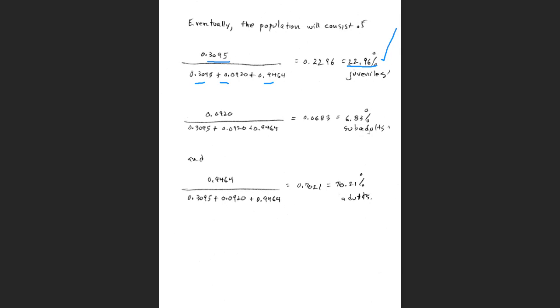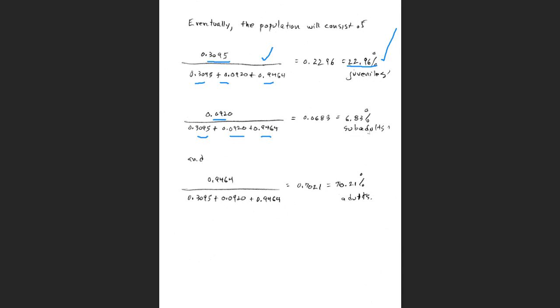The number of subadults, eventually, to get that, you're just going to take the entry for subadults, 0.0290, and divide by the sum of the entries. It doesn't matter that the entries are these numbers that MATLAB gave us. No matter what the entries are, the entries have to be in proportion.